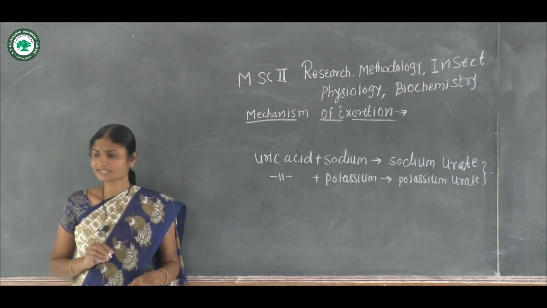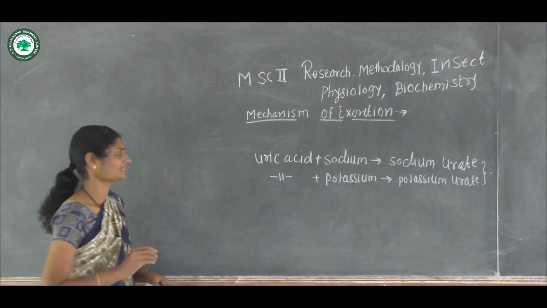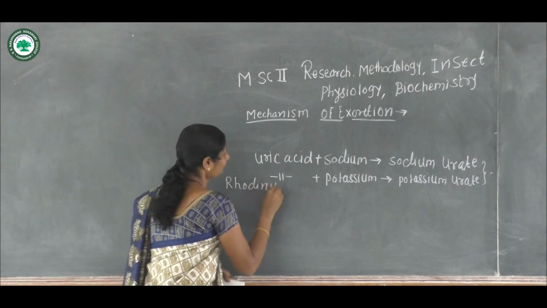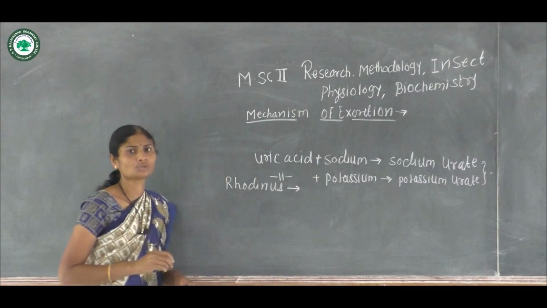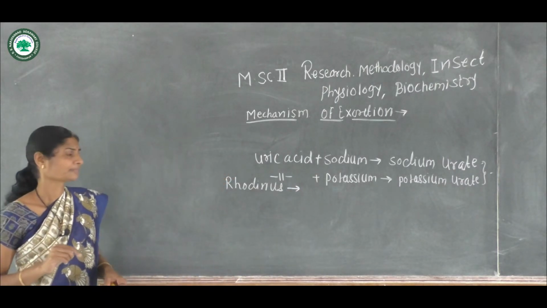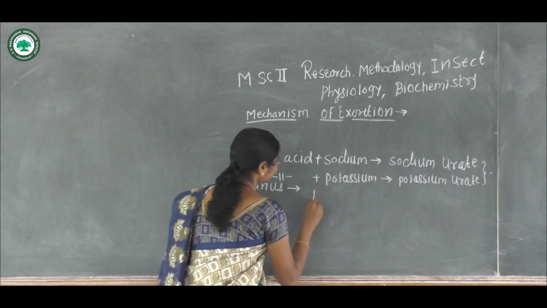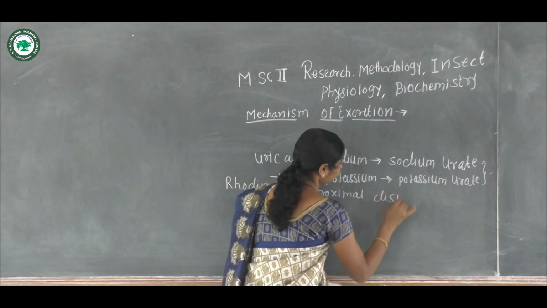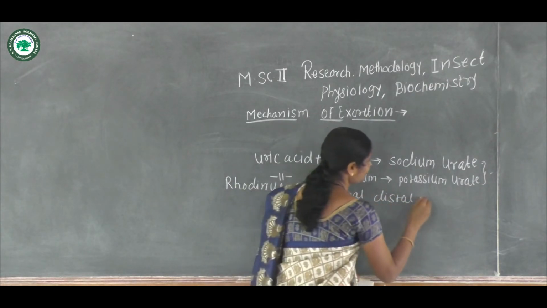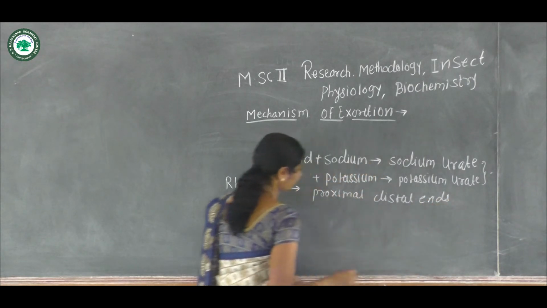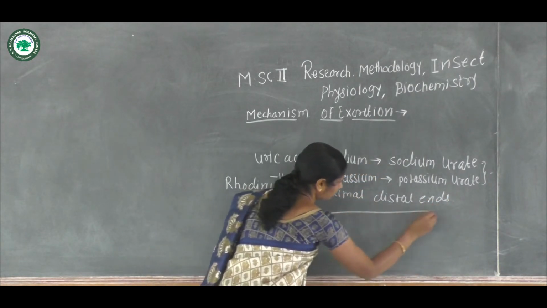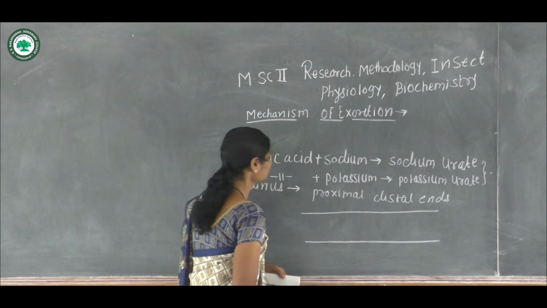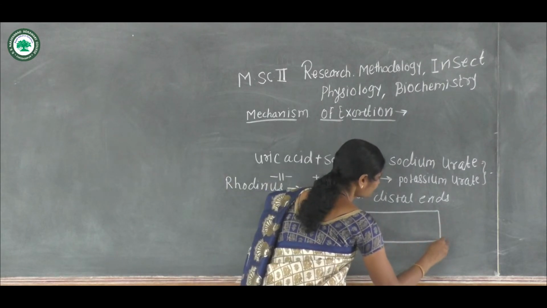In insects like Rhodnius, the Malpighian tubules show two differentiations, that is proximal and distal ends. Here the diagram shows Malpighian tubules in Rhodnius insects.